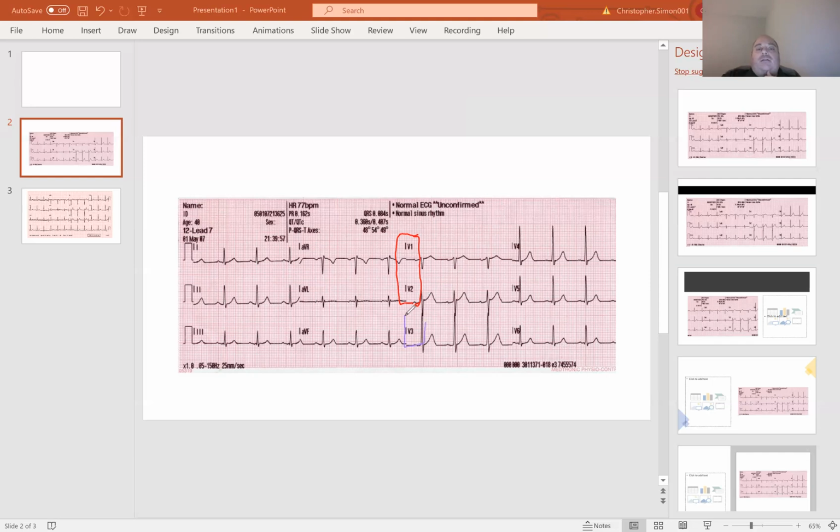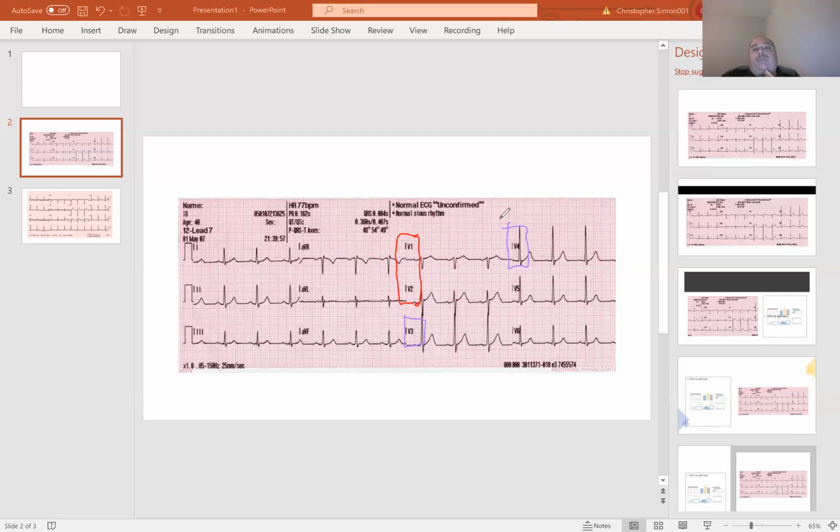V3 and V4 are going to be called your anterior leads, because what's happening here is V1 and V2 look at the septum of the heart. And remember, all of this is looking at the left ventricle. Okay, so V3 and V4 are looking at the anterior portion of the left ventricle.